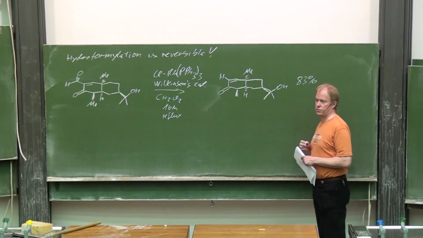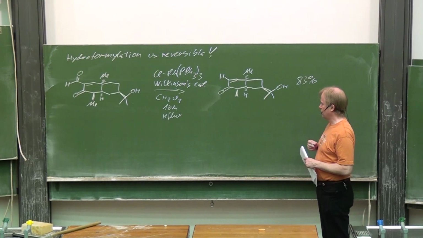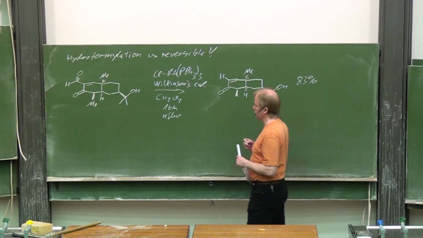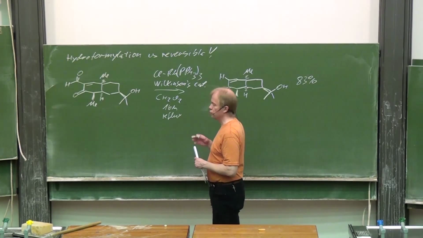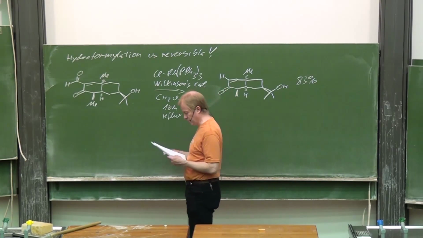Instead, a hydrogen is sitting there. So, what is this reaction good for? Since normally you want to go to higher complexity during your synthesis, and this is obviously the opposite.